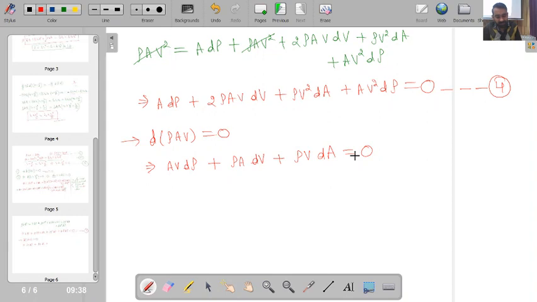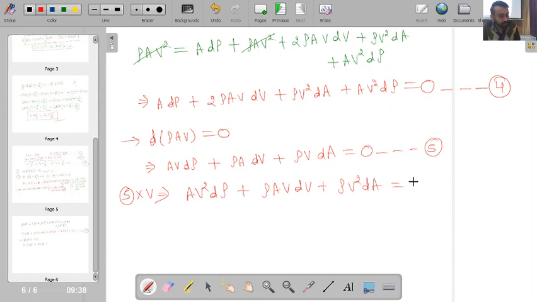Let this be equation number 5. Let us multiply equation 5 with V. If I multiply, what I get? AV square d rho plus rho AV dV plus rho V square dA equal to 0. Is this one clear?